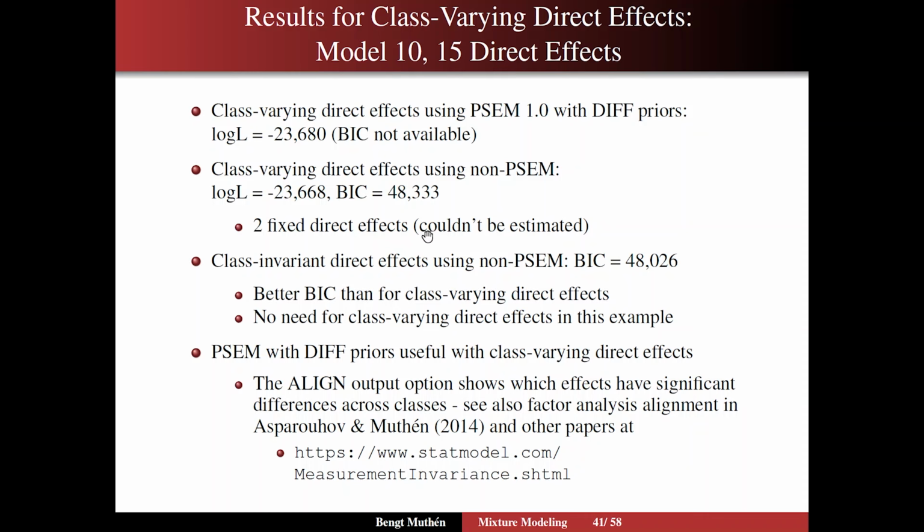So in this case, you would prefer the PSEM run, also because the difference in the log likelihood is not that large. You can do that percent drop in log likelihood calculations that we did before.